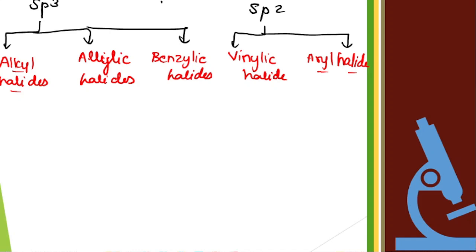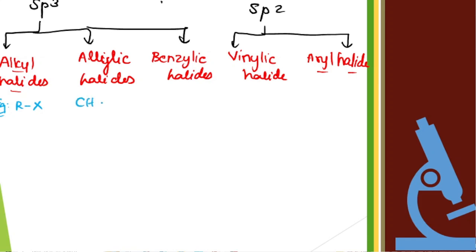Now, coming on to the next level of division. Before that, let's see the examples of each. So, example of alkyl halide: already I told you it is going to be RX. Already we studied some examples for alkyl halide, right? Allylic halides, how can you write the allylic halides?